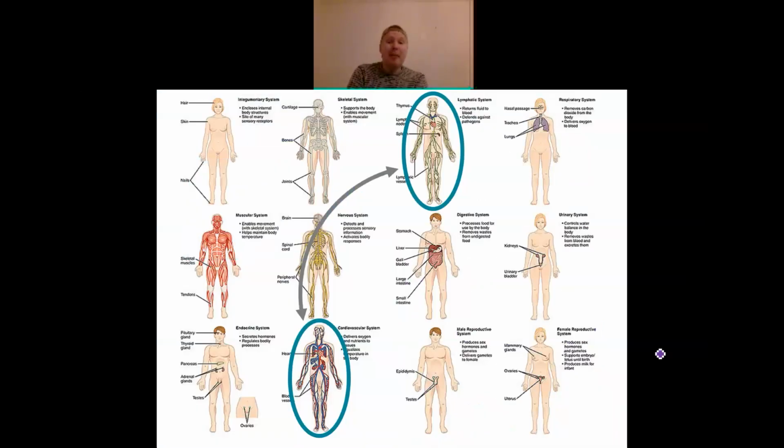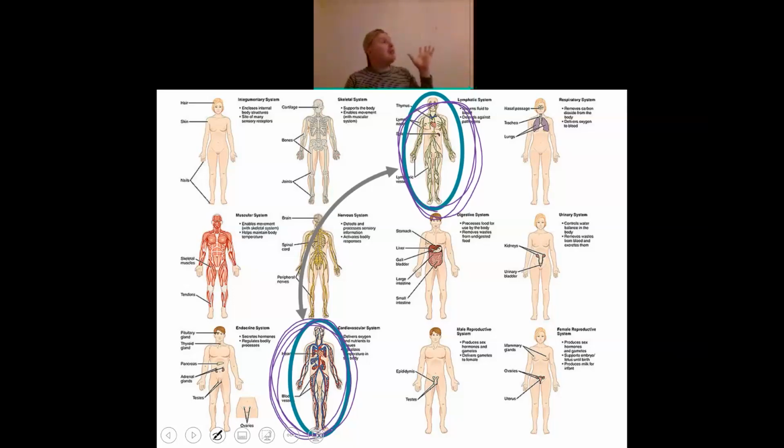Well, this relates to what I just discussed earlier on, that it is the lymphatic system that we see here that works very closely with the cardiovascular system. You can think of these two being related almost as if the cardiovascular system was the water pipes in the house, and the lymphatic system was the plumbing.